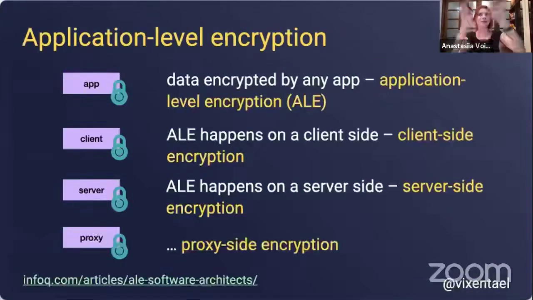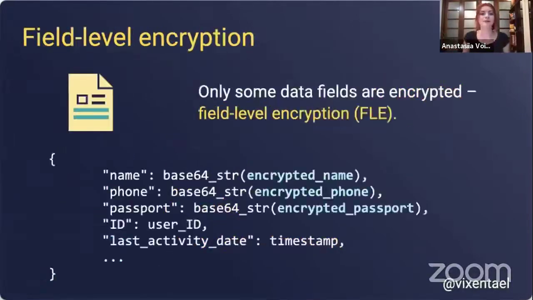Now, I just say application. Depending on your use case, depending on the architecture, application can be different. If application level encryption happens on the client side, let's say mobile applications, you can say client side encryption, server side encryption, proxy side encryption, whatever, depending on your use case.